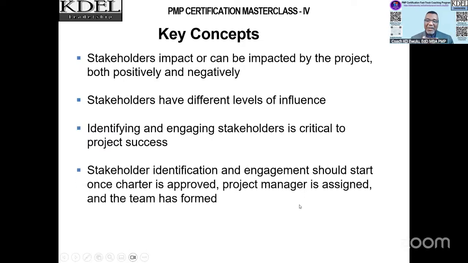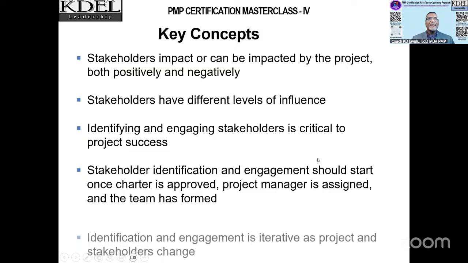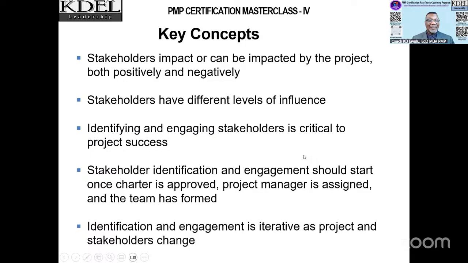Stakeholder identification and engagement should start once the charter is approved, the project manager is assigned, and the team has formed. And then finally, identifying and engaging them is an iterative process. Basically, as the project goes on, it develops. And as the project changes, the stakeholders will change as well. Understand that as a key concept.